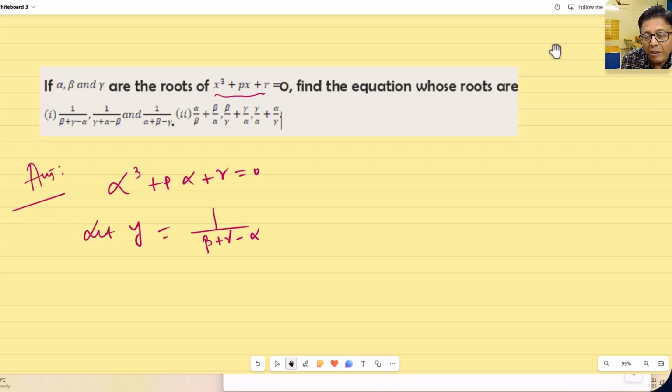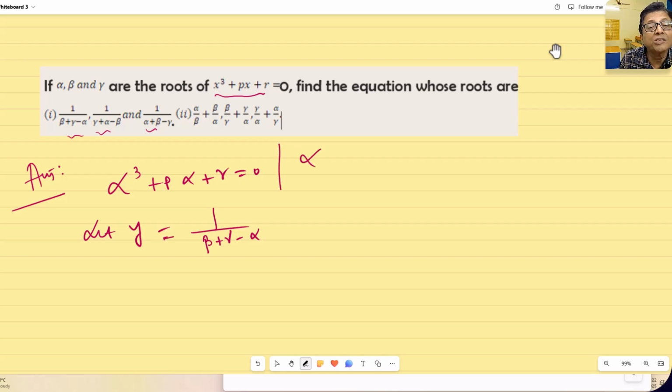Got the point? I am transforming the roots of this equation to this form, so that the resulting equation has roots of this form. All these are symmetric functions. In place of alpha, if you replace beta, or gamma, you get roots of that form. They are all symmetric forms. So you can get it quickly by taking y equal to this thing.